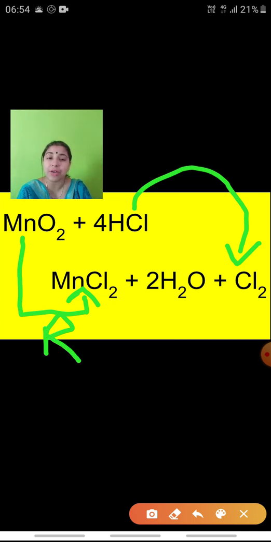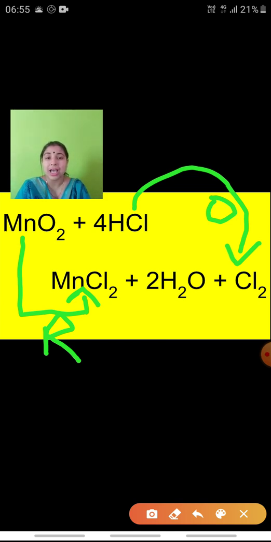Now removal of hydrogen is what? Oxidation. So this will be called oxidation. HCl is oxidized to Cl2 and MnO2 is reduced to MnCl2.